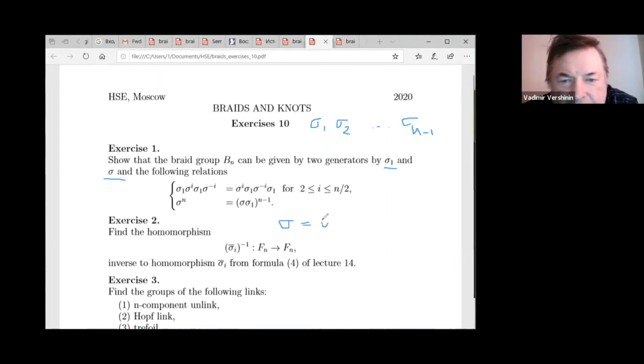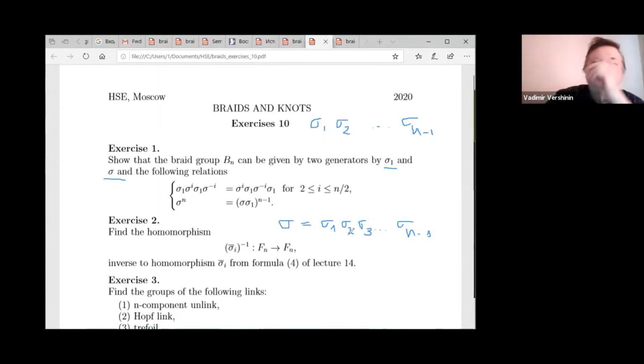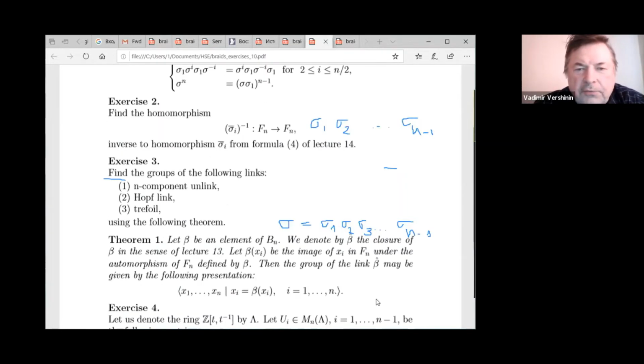So sigma is equal to sigma 1, sigma 2, sigma 3, and so on, sigma n minus 1. Okay. So you can easily draw the picture.